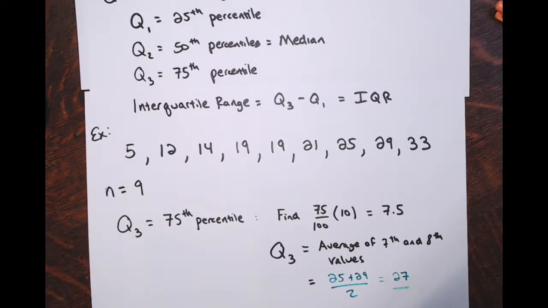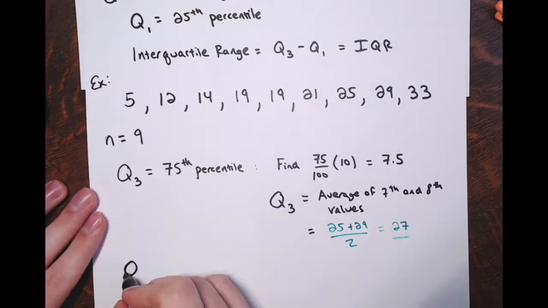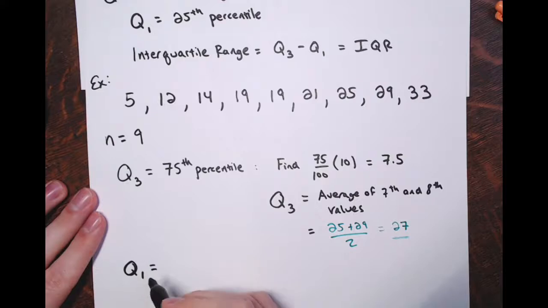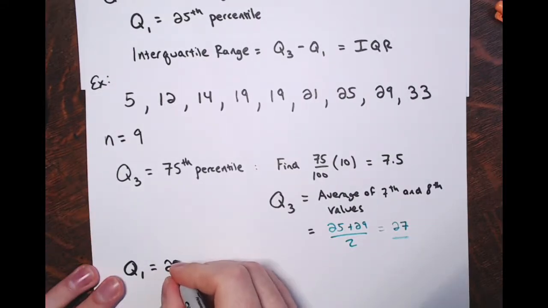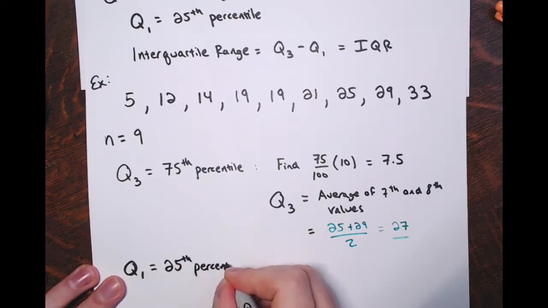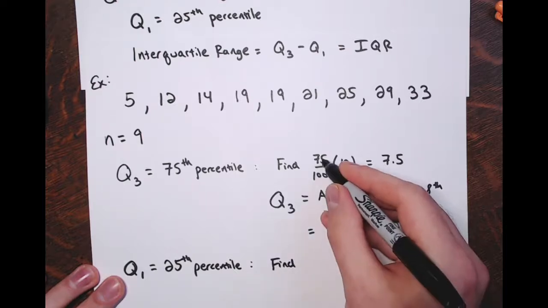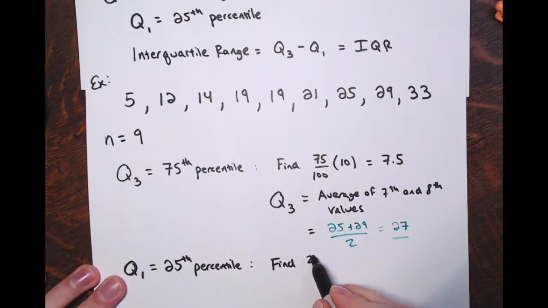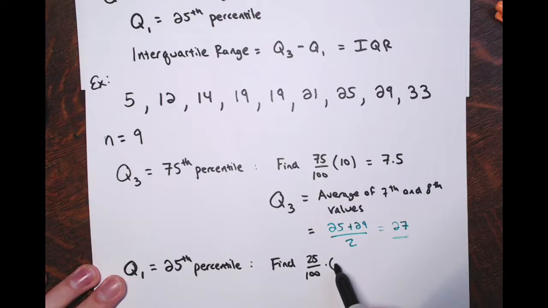And then I can do something similar for the first quartile, Q1. Now the first quartile, the first quarter of the data, is the 25th percentile. And I find it in exactly the same way. Instead of 75 over 100, I'm doing 25 over 100 times n plus 1, times 9 plus 1, times 10.